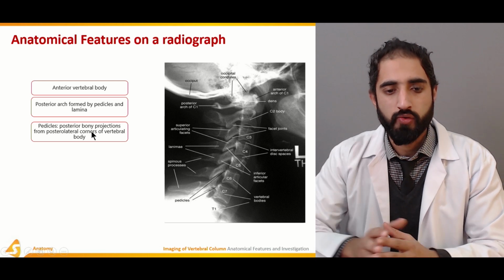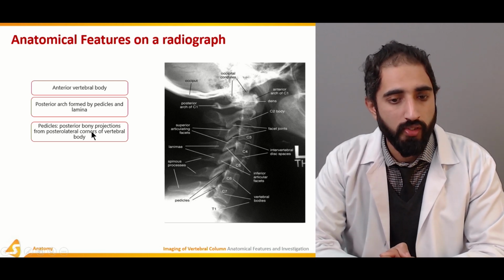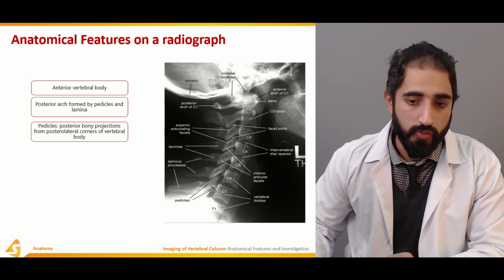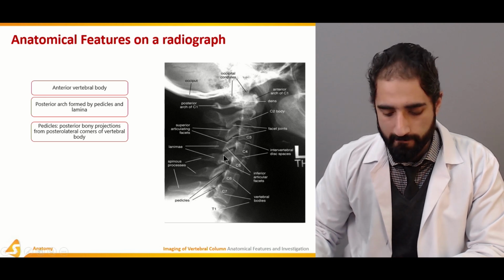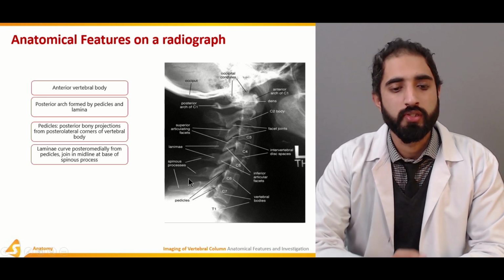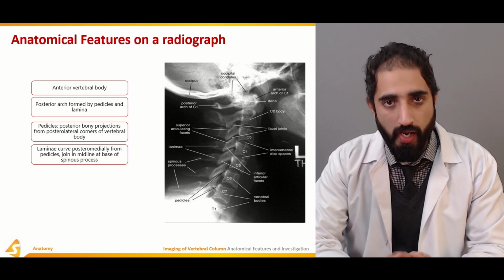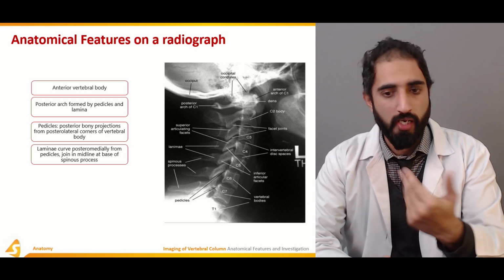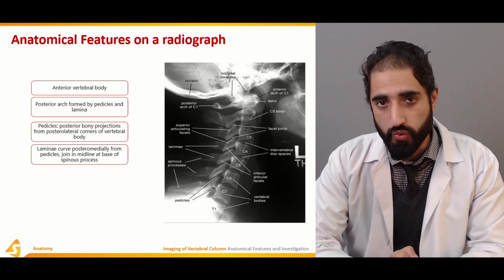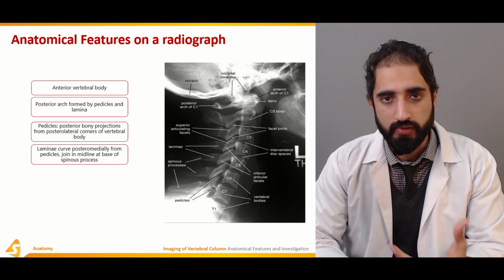Pedicles are the posterior bony projections from the posterolateral corners of the vertebral body, as we can see here. And lamina curve posteromedially from the pedicles, join in the midline at the base of the spinous process, and form a spinous process. For example, in the cervical spine, there is usually a bifid spinous process in a typical cervical vertebra.